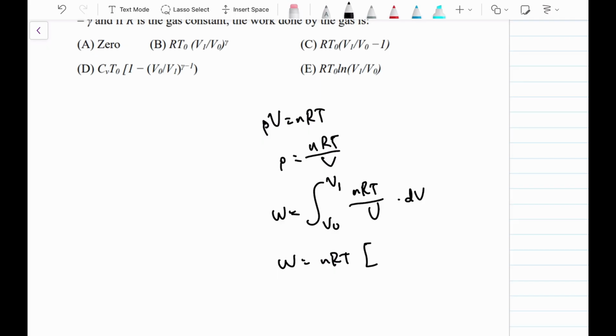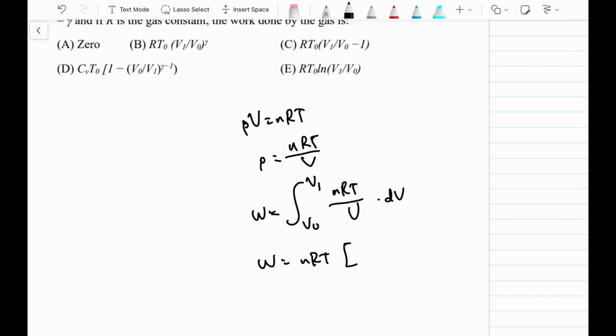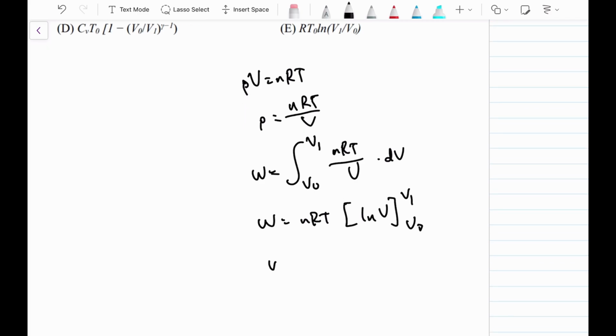So the integral will be natural log of V, from V0 to V1, and then it will give us nRT times ln of V1 over V0.